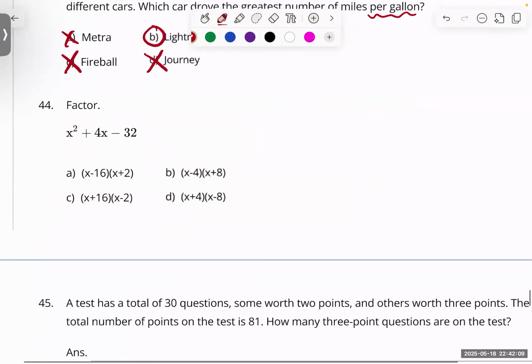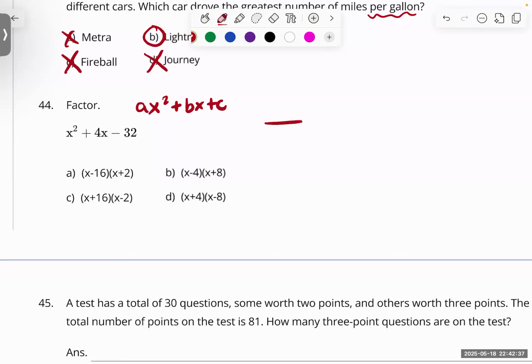Okay, number 44, factor. All right, so this one's very similar to that one problem we did. I forgot what number it is with the 10 and the 11. Yeah, it's the same thing as 25, but we don't need to solve for anything. So again, this is a trinomial. It's a quadratic. Ax squared plus bx plus c.